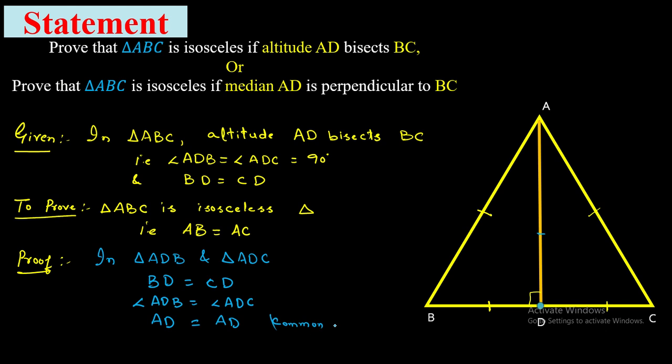These two statements are given. Thus, we can say by side angle side congruence criteria, these two triangles are congruent.